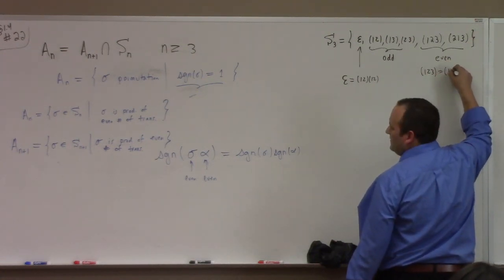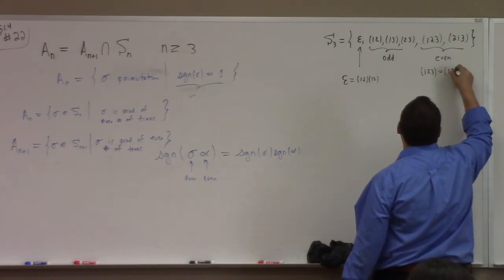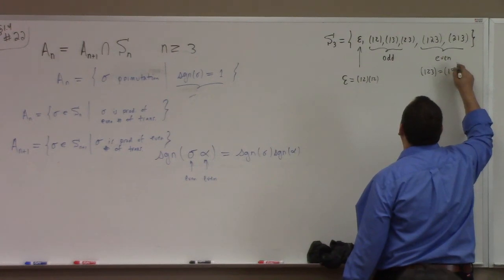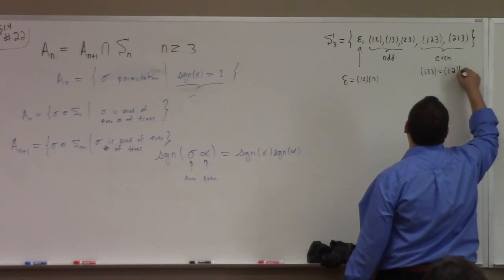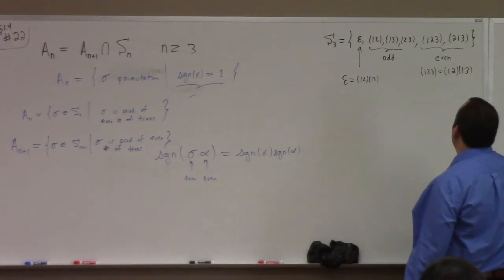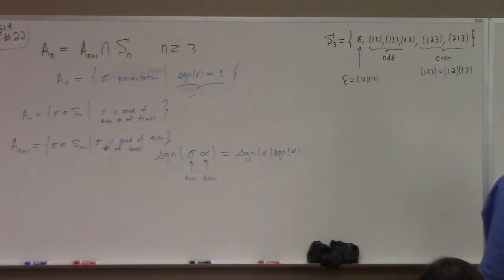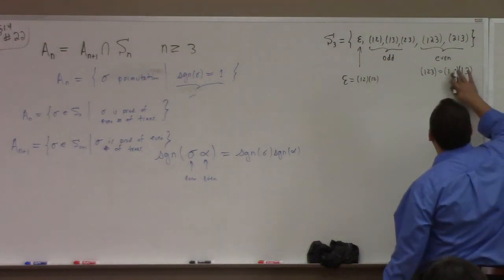What did we just say? (1 2)(1 3). Is that right? Why don't I believe it? I think it's (1 3)(1 2), isn't it?